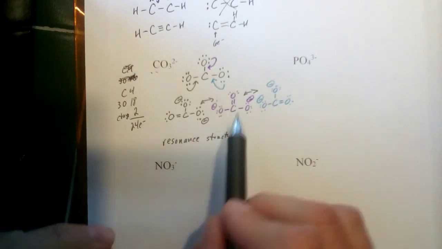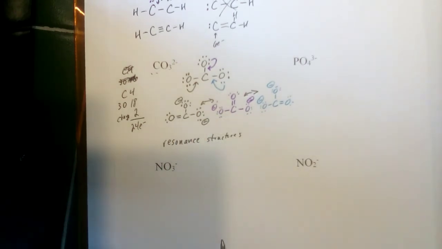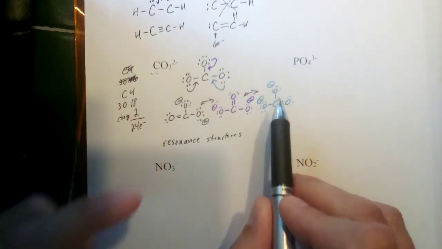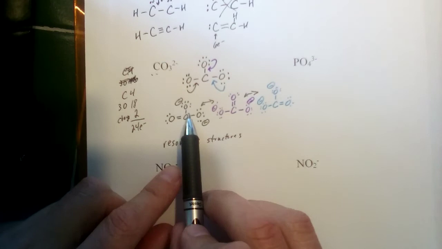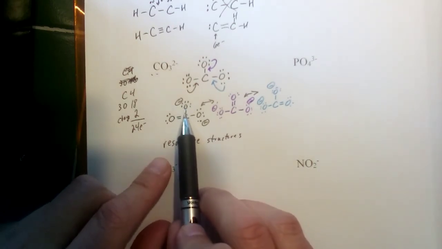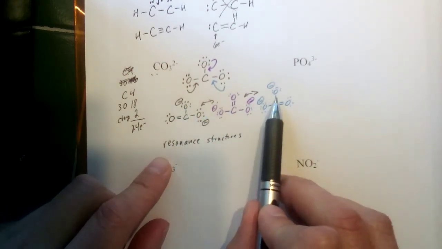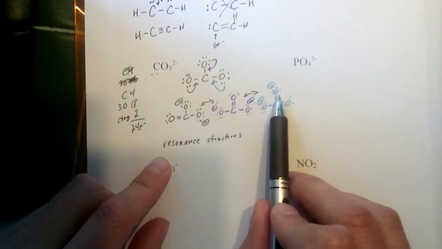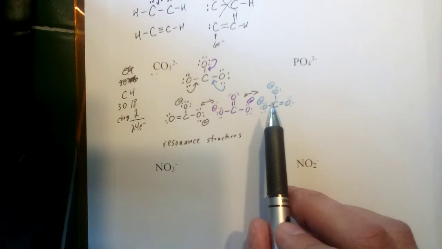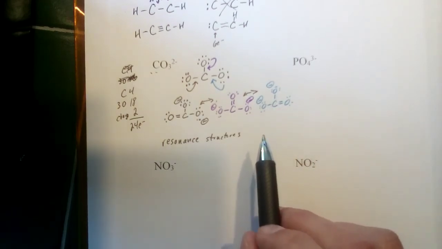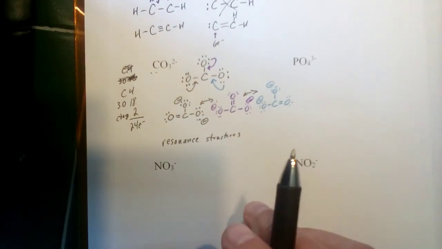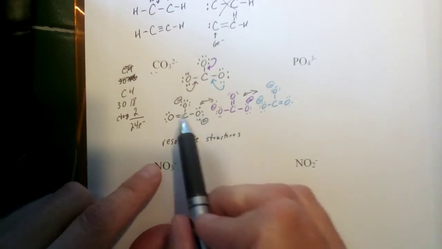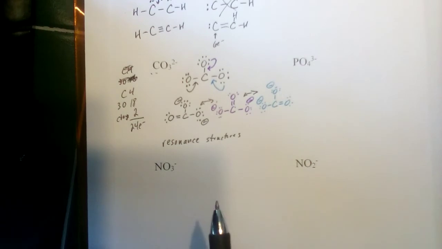So what is really happening in a carbonate structure is the individual bonds are between the length of a double bond and a single bond. Because if we look at the bond that I have pointed up, it's single in two of the structures, double in one of the structures. It basically means there's 4 bonds spread over 3 structures. The average in the molecule is 1 1/3 bonds. That is something that electrons can do, not something that is easy to draw. And that's why we represent it this way with the resonance structures.